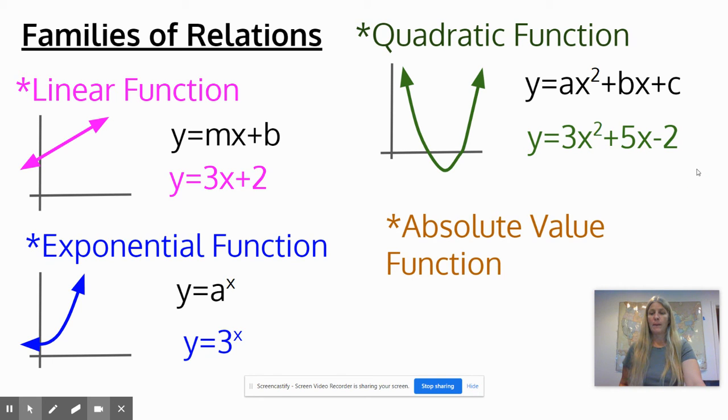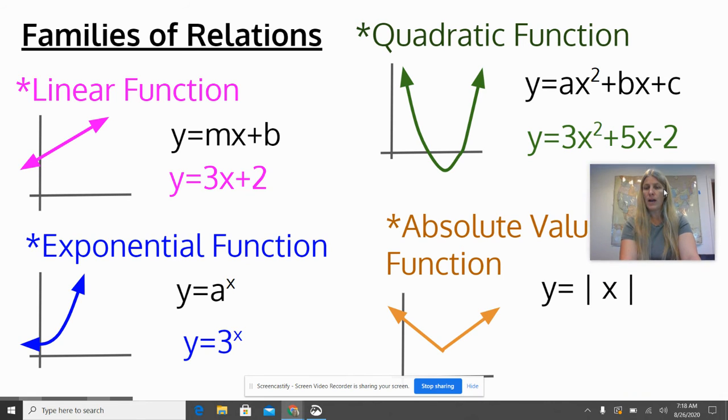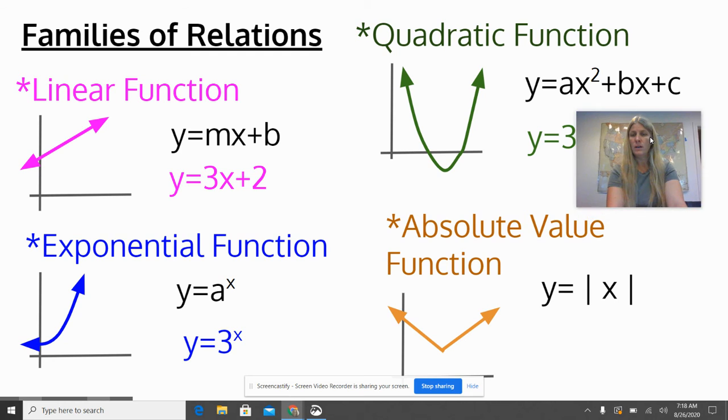Our next one is an absolute value function. And our absolute value function looks like a V. We're going to be looking at absolute value functions just like distance on a number line. So we have here our absolute value equation, which is y equals the absolute value of x.